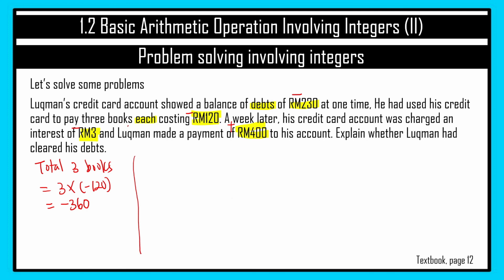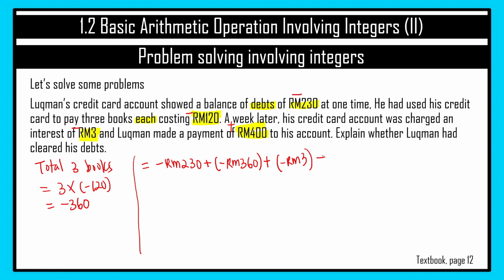So we want to see this, does he still have any more debt inside the credit card. So his credit card starts off with negative RM230. Add to it the books, which is negative RM360, and the bank charges 3 ringgit of interest, and he paid the money.